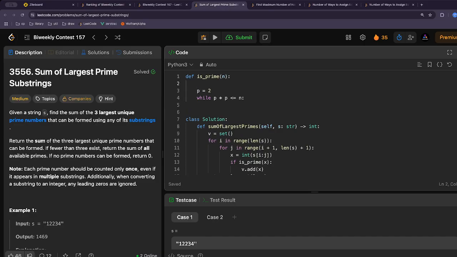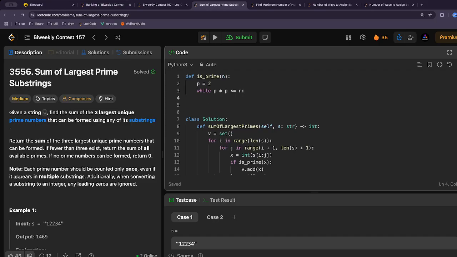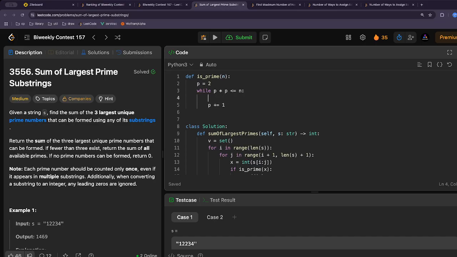Which is a less expensive operation than the square root, right? Because if you have this equation, then you can square both sides, and then you get this equation, right? So it is equivalent, but here we don't need to call any function, we just multiply. So that's why I prefer to do it this way.